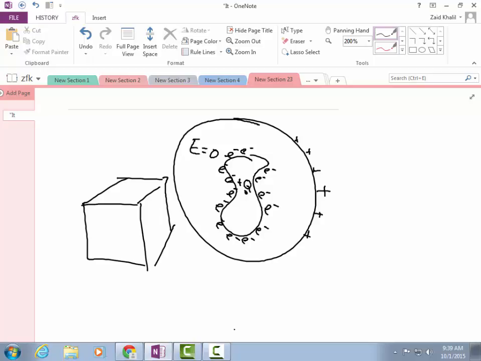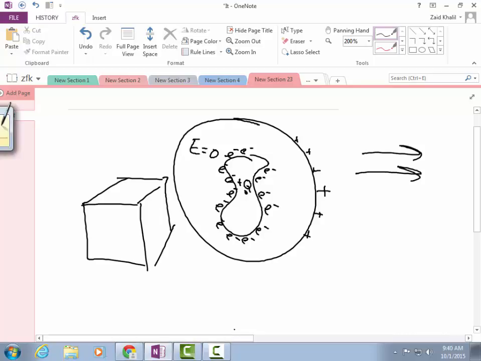Yes? You had a question on that. What is the rule that makes it want to have the electric field zero? It is that the charges are free to move inside of a conducting material.